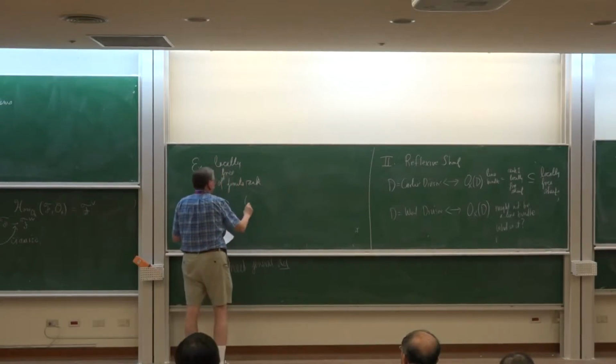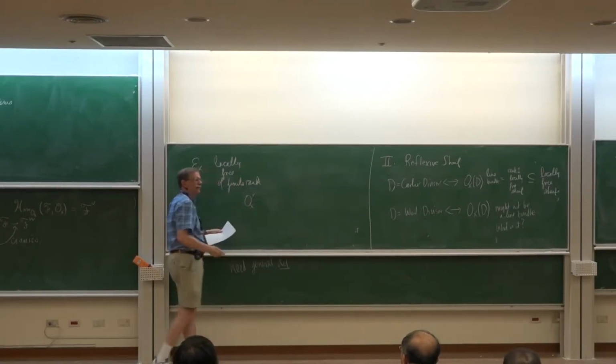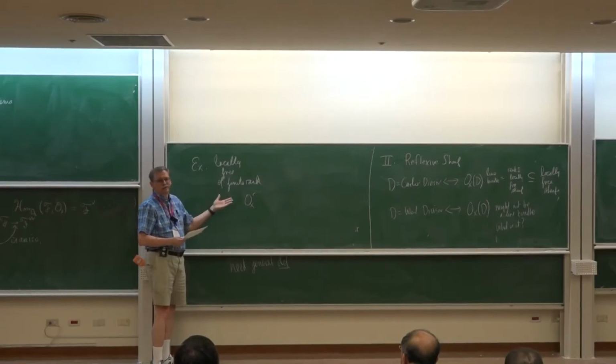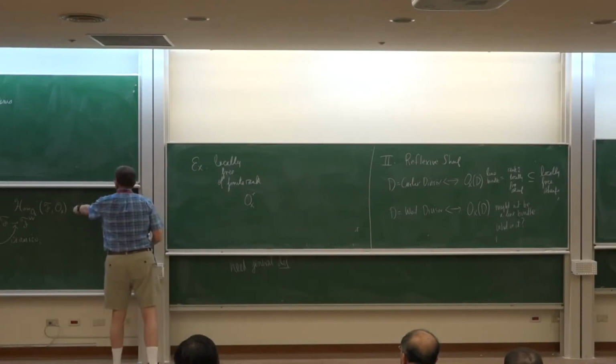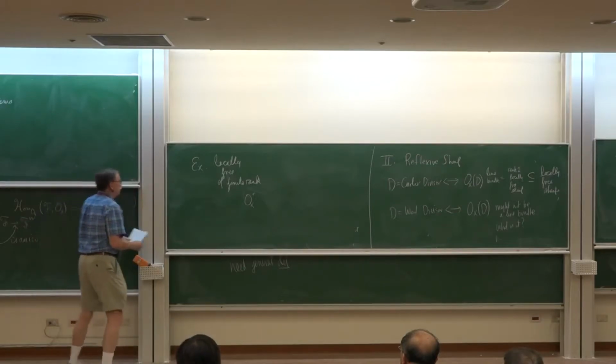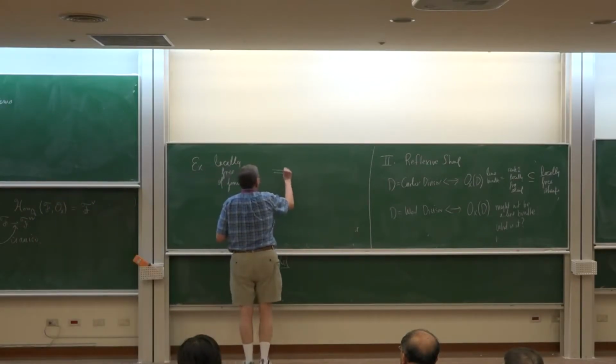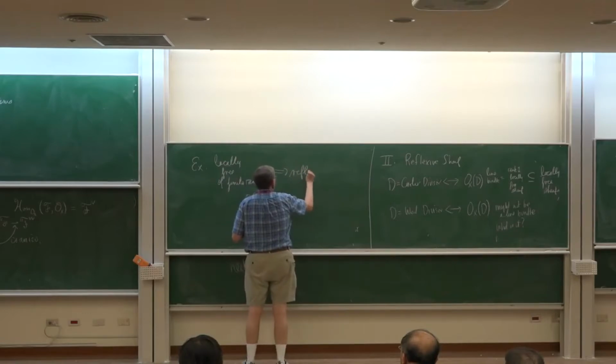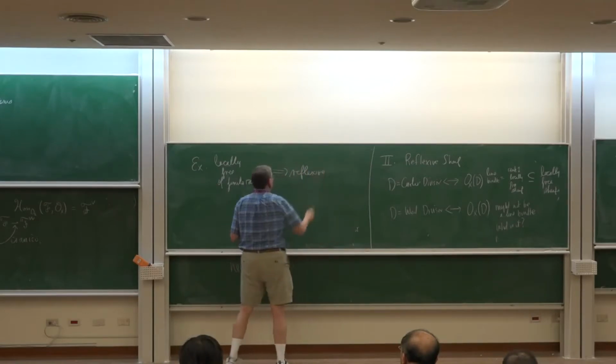Well, it means locally it just looks like that. When I take the dual, it still looks like that. When I take the double dual, it still looks like that. And that makes it easy to check that this map is actually an isomorphism. So these guys are reflexive.